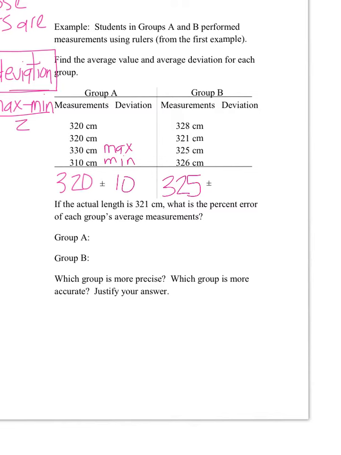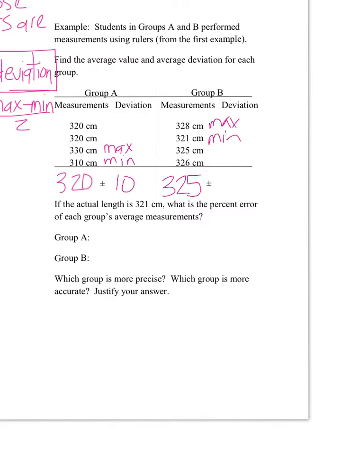All right, for Group B, their maximum value is 328, and their minimum value is 321. So we take 328 minus, what did I write, 3, 2, 1 there? That's funny. I just copied that. I need min.